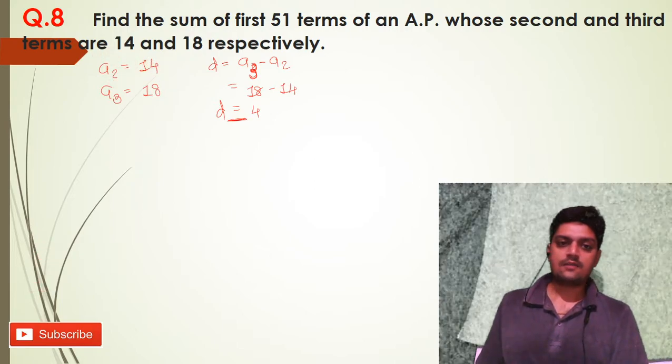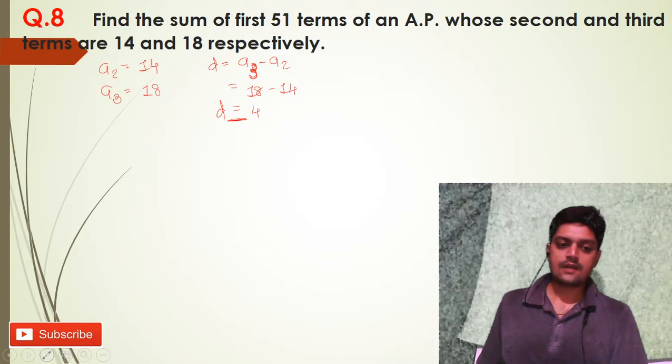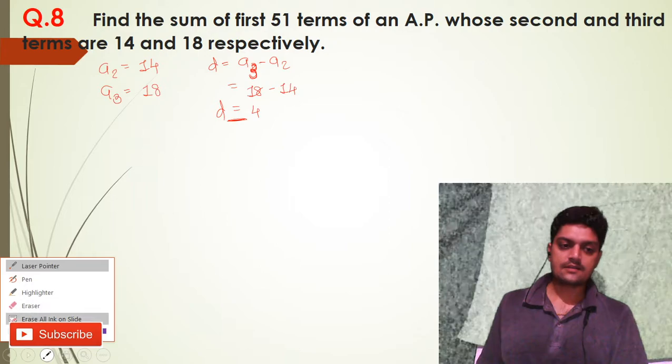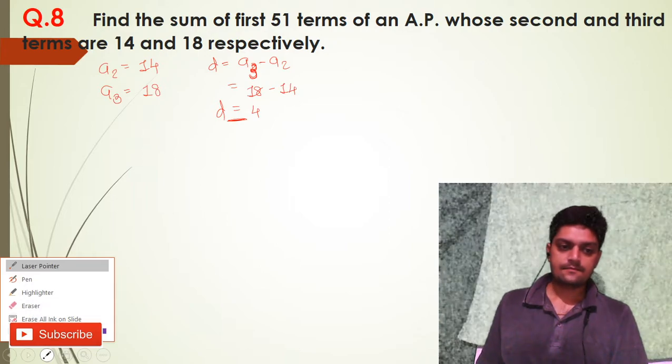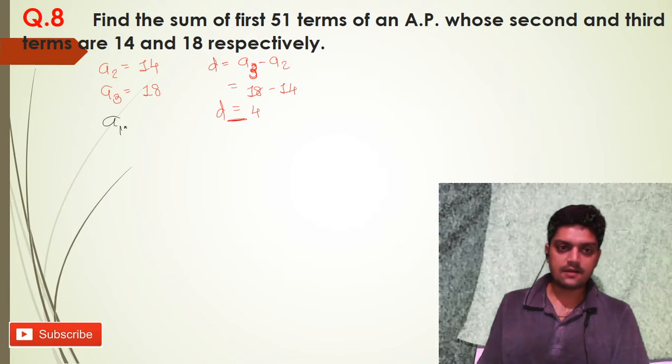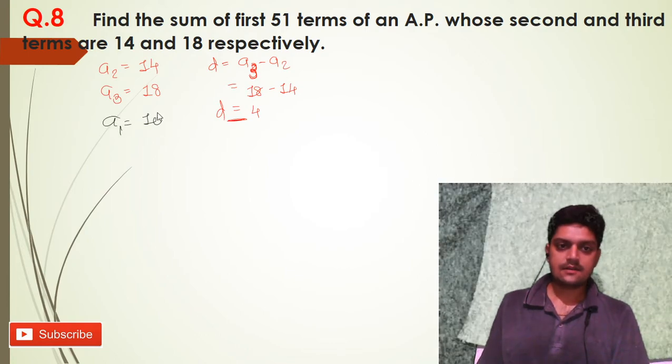Now let me write here. You have to write proper description, but let me use direct here this black color, and let me write directly A1. That is 10.